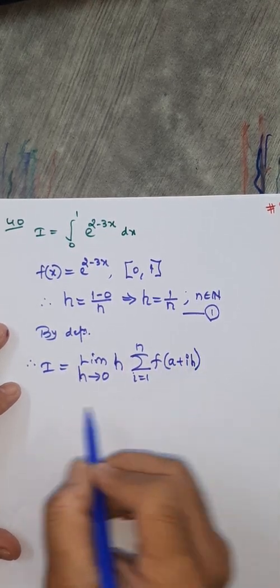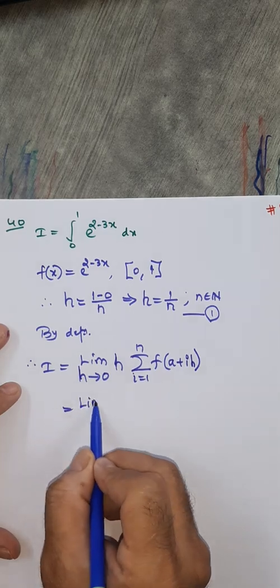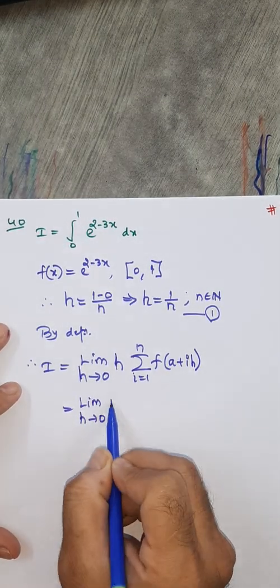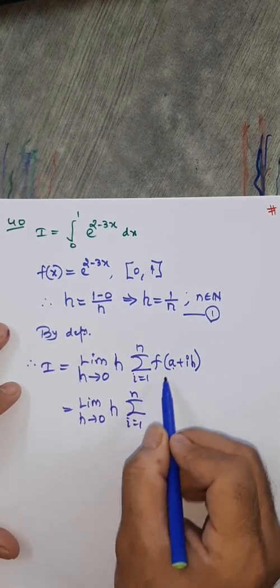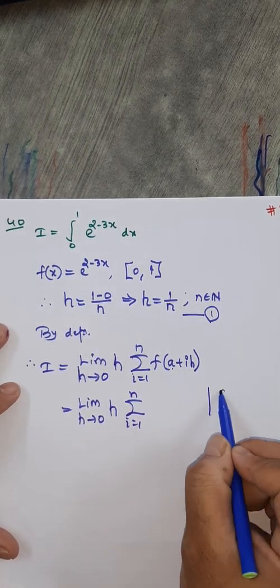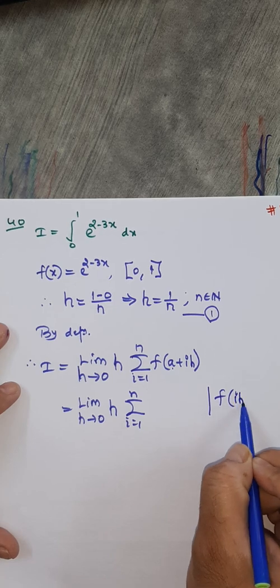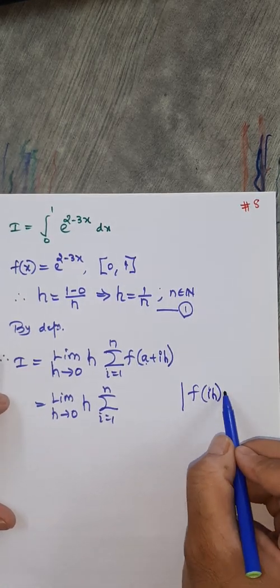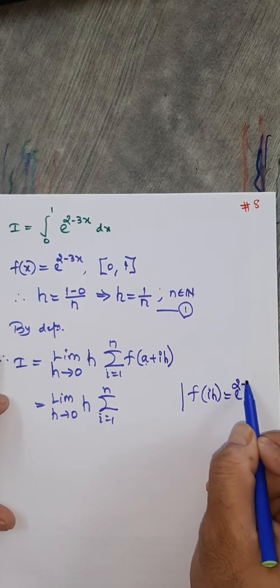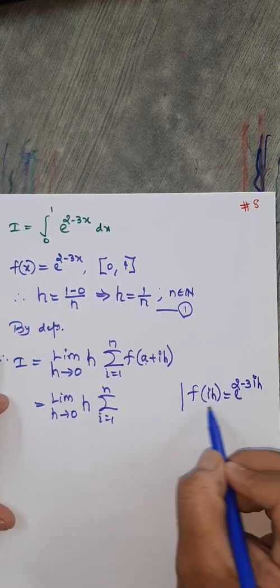You know this. But what is a here? That is 0. So h as it is, sigma i runs from 1 to n. This is 0, so you have f of ih only. And what is f of ih? You know it is e raised to 2 minus 3ih.